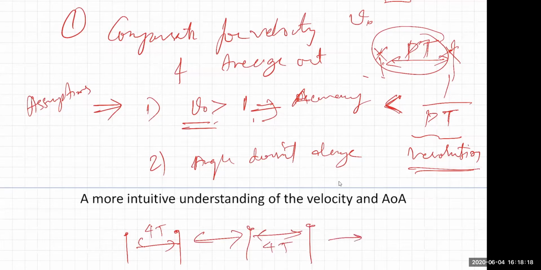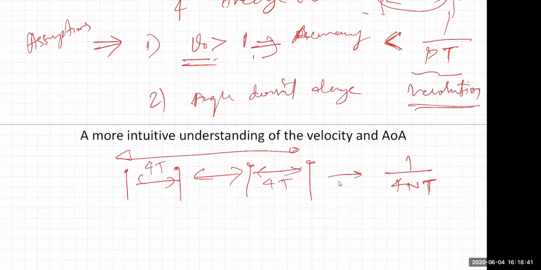So the range is the total number of 4 NTs you consider. So that will be your range. In this case, it would be P and T because you generalized it to P transmitters. Am I correct, guys? Keshav? Oh, sorry, not Keshav. Kunit?